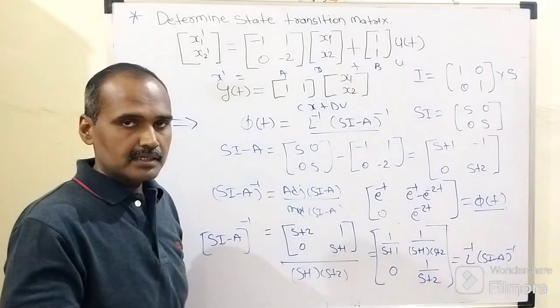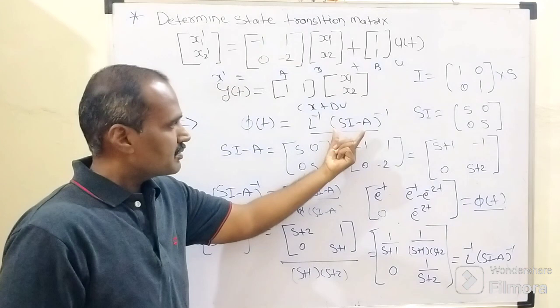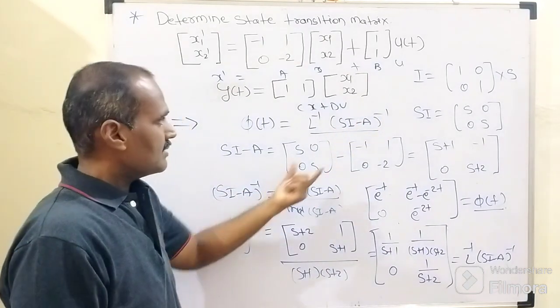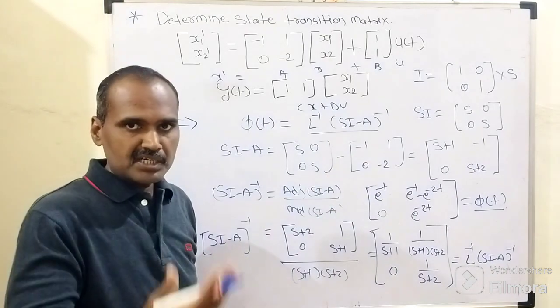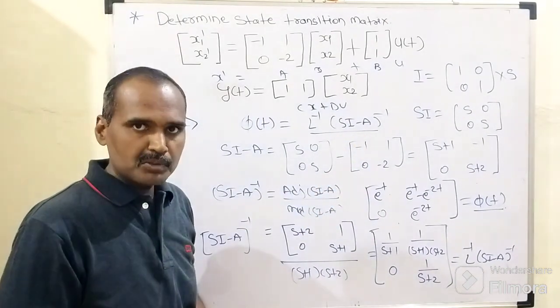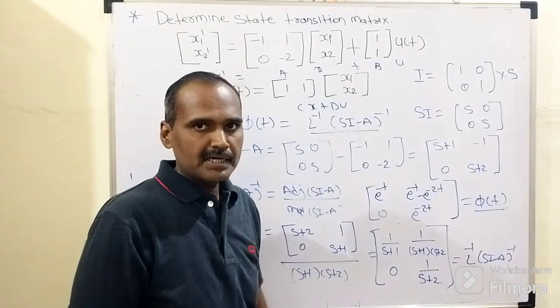Then immediately we need to decide the term (sI minus A) inverse. Initially sI minus A is the subtraction between the two matrices sI and A, where I is the identity matrix, a 2 by 2 matrix; these are its elements.